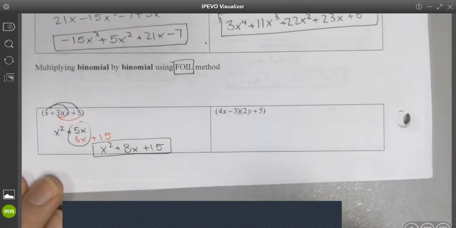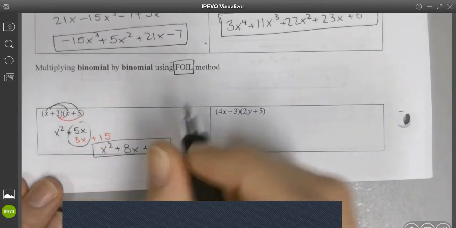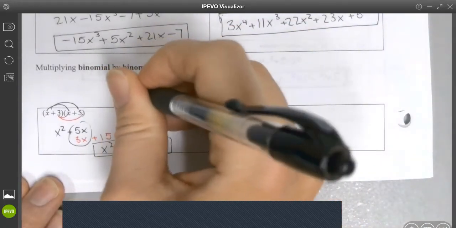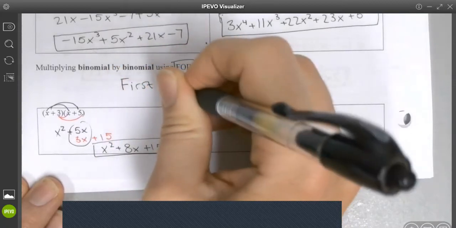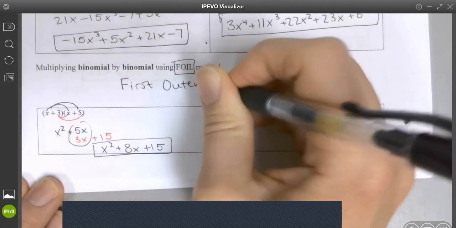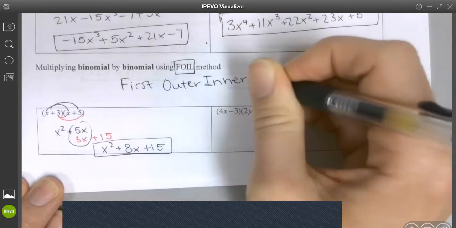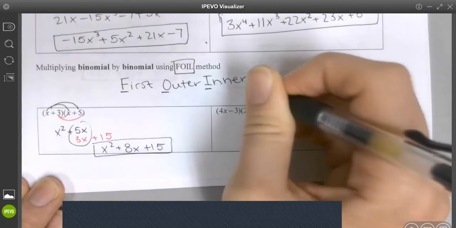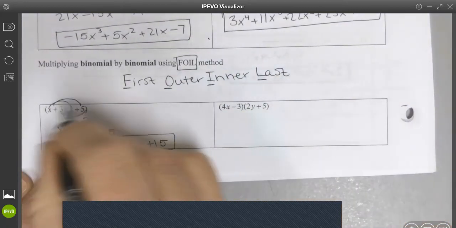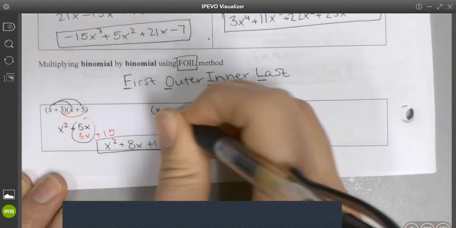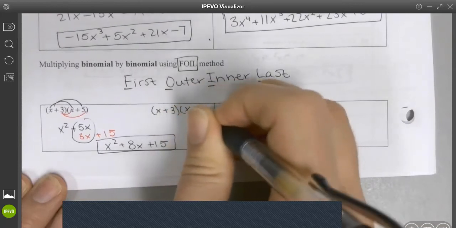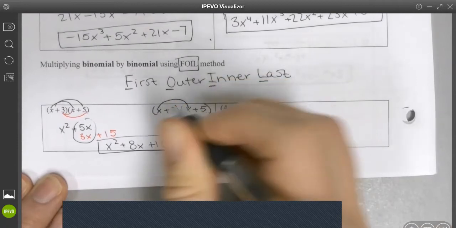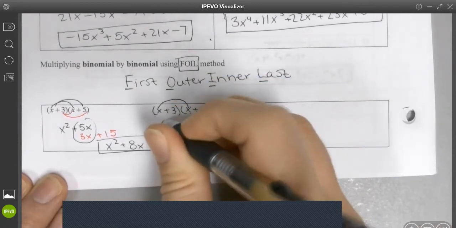What many people do is they think about this distributing and think of FOIL. And FOIL stands for first, outer, inner, last. First, outer, inner, last. So instead of thinking about it as distributing, they think about it as, well, I'm going to take the first term from each parenthesis and multiply that.